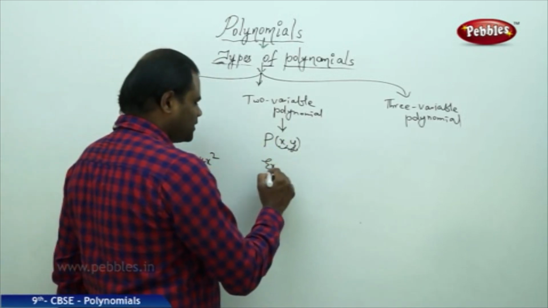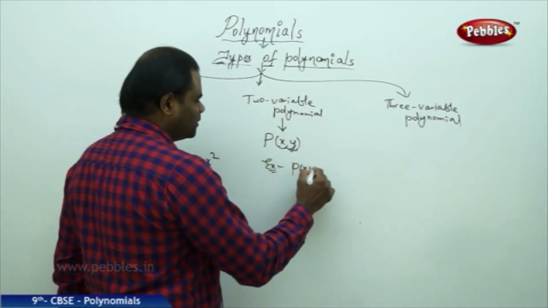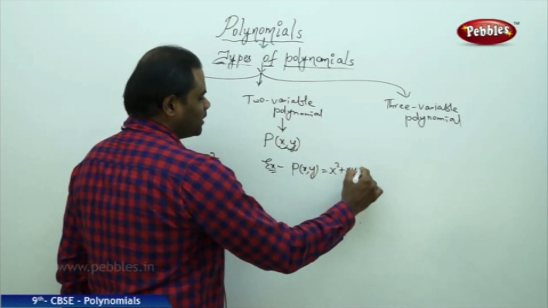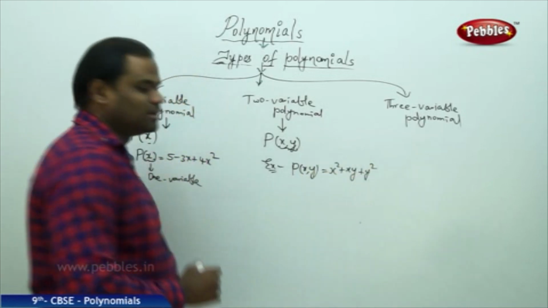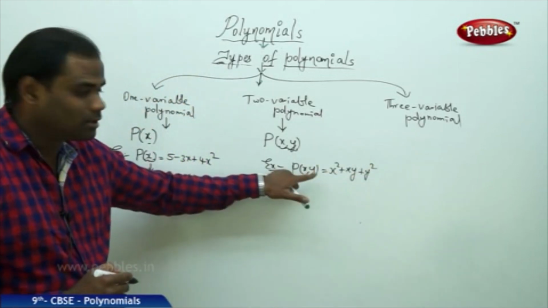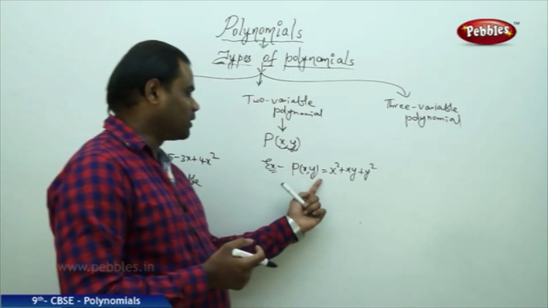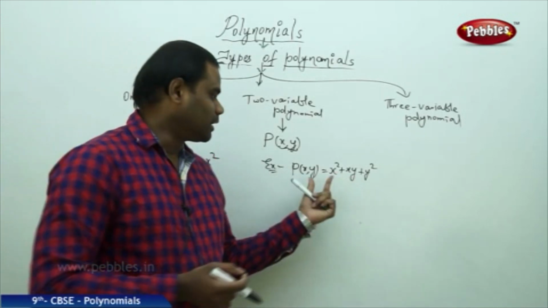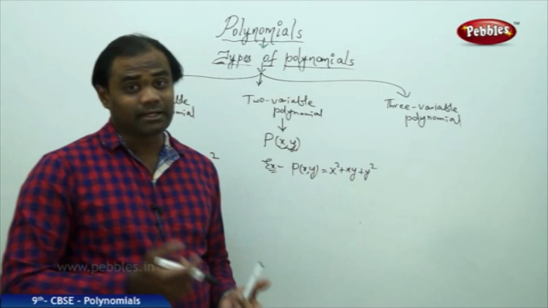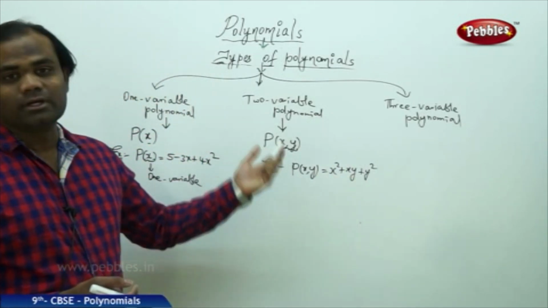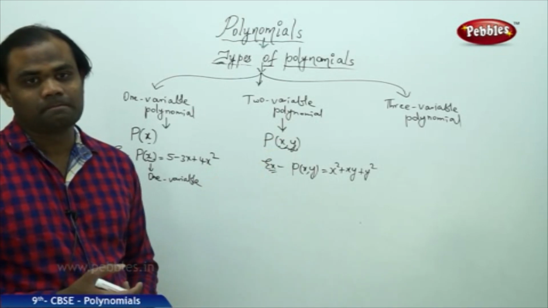For example, if I take a polynomial of the form p of x, y is equal to x square plus xy plus y square, then this is a trinomial of two variables or a polynomial of two variables x and y. Here the variables being x comma y on the right hand side as expression. So this comes to be a two variable polynomial.